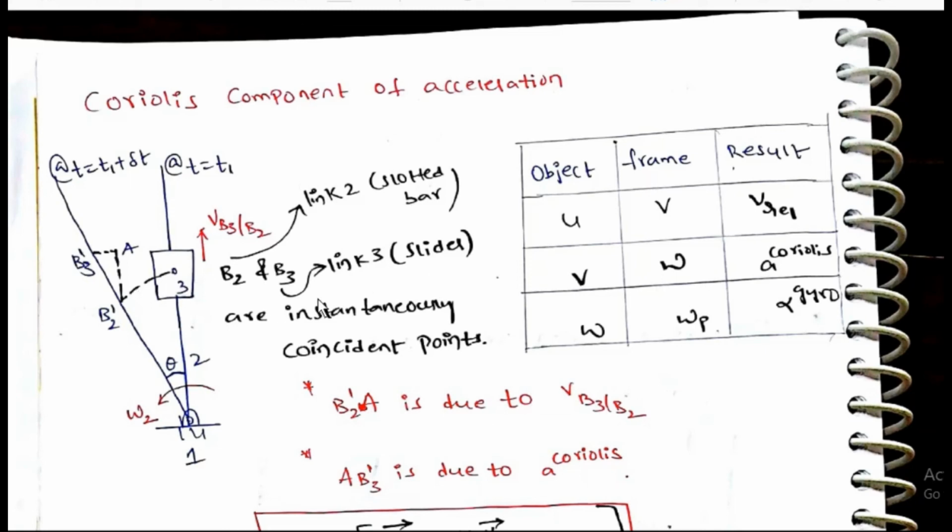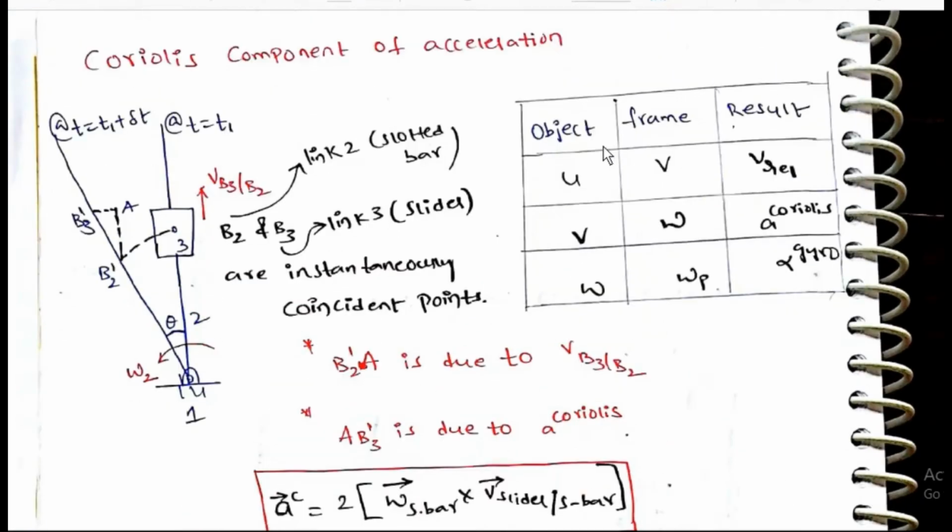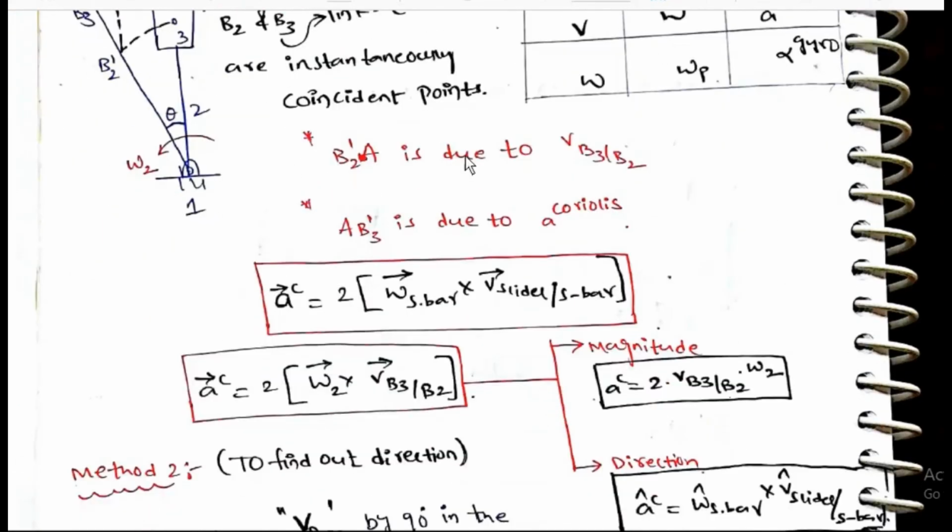B2 and B3 are instantaneously coincident points. Object U, frame V, result V relative. Object V, frame omega, result A Coriolis. Object omega, frame omega P, result omega alpha gyro.